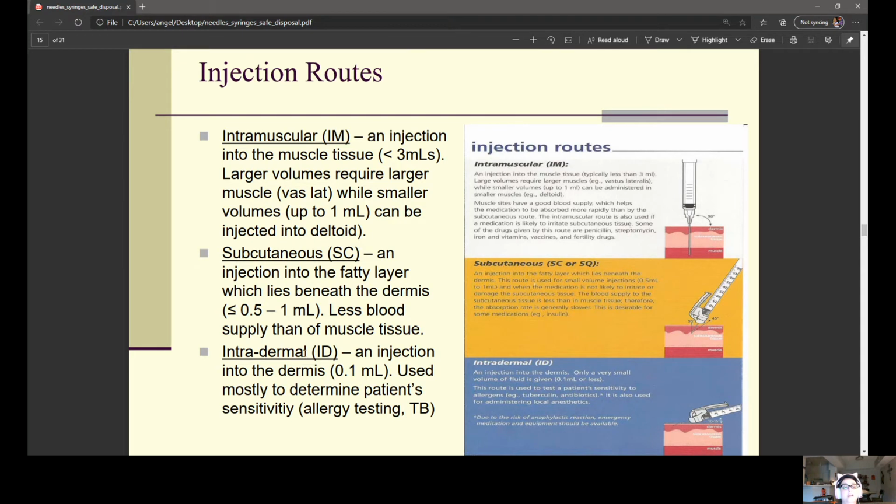And then there's the intradermal, and that's ID. All right. And I was explaining in lecture how your intramuscular injection is going to be the fastest way with injection form that we can do to get a patient medication.